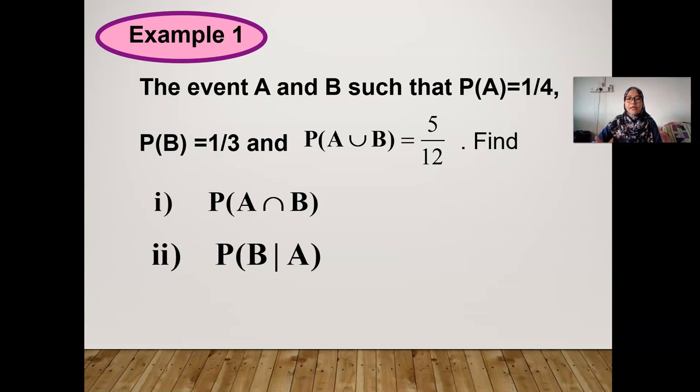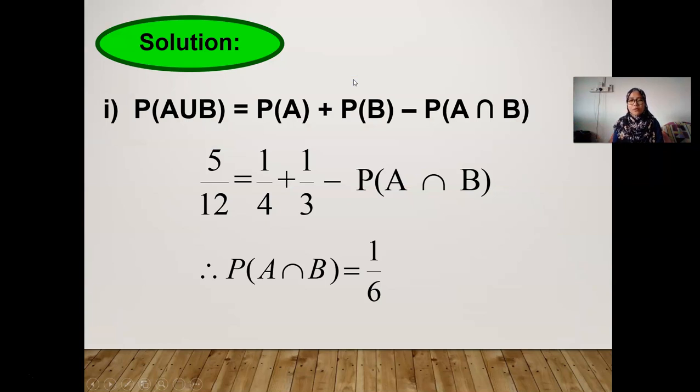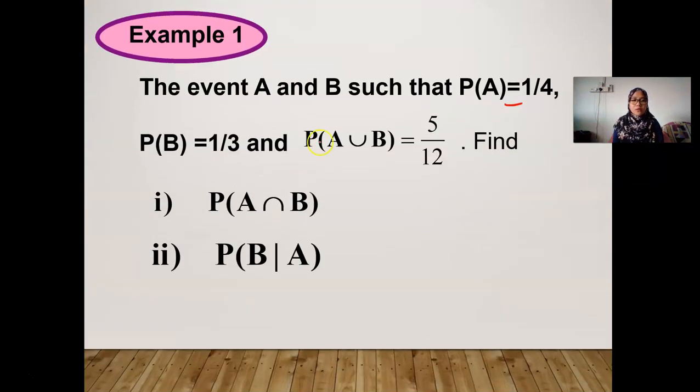The events A and B are such that P(A) is equal to 1/4, P(B) is 1/3, and P(A union B) is given by 5/15.